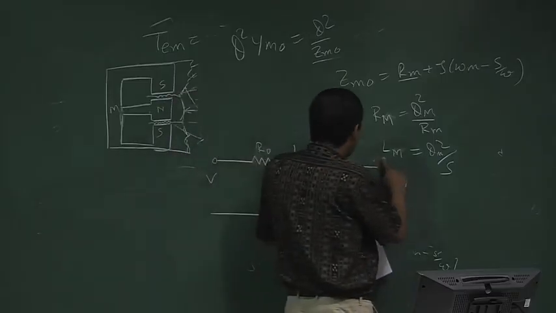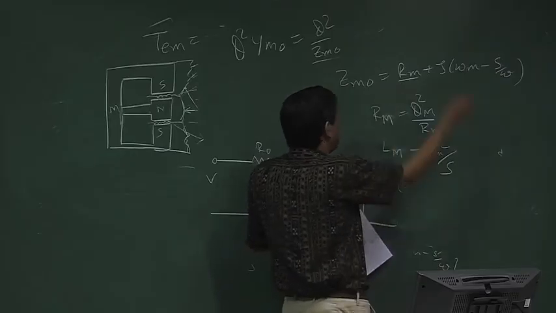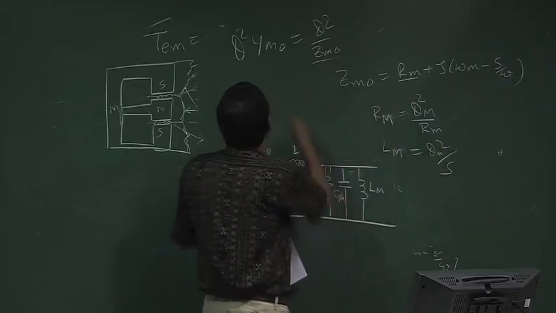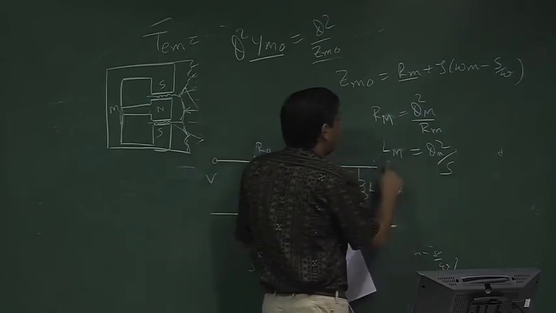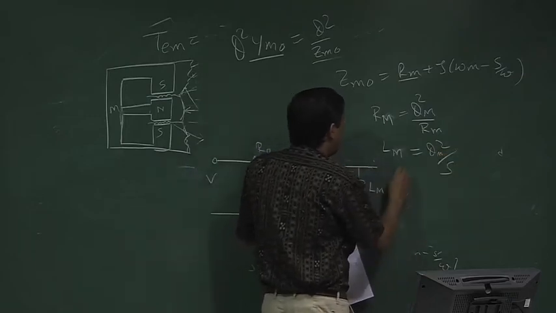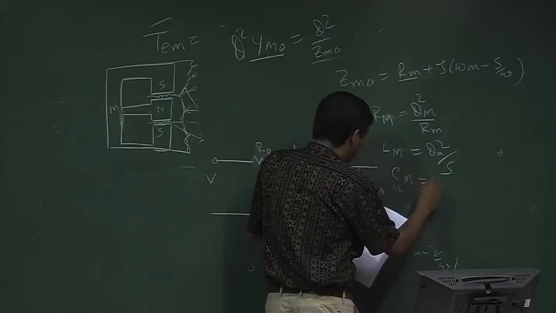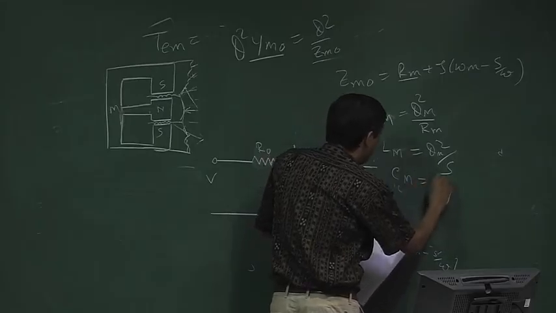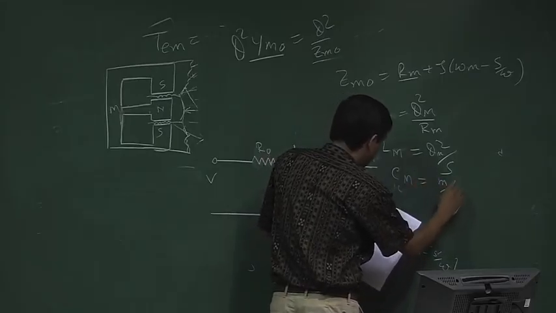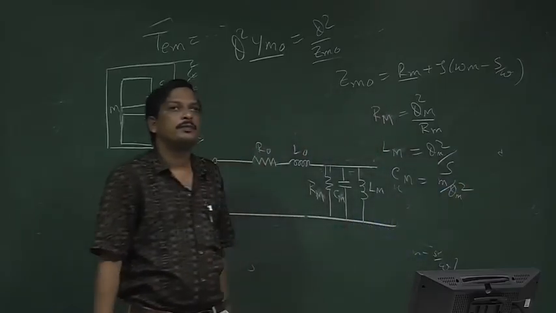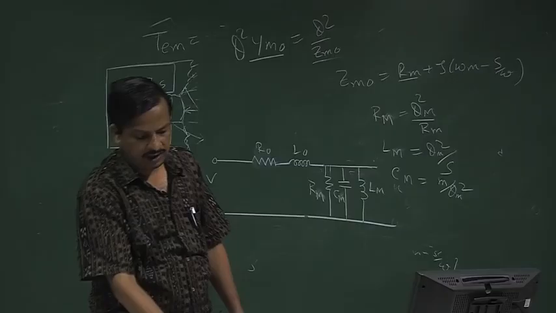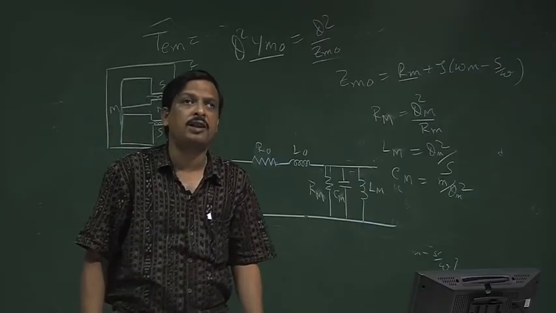Since S is equivalent to capacitance, here since it is admittance YMO, it becomes inductance. So, phi square Lm is phi m square by S and Cm will be mass by phi m square. This is the equivalent circuit of the anti-reciprocal transducer.